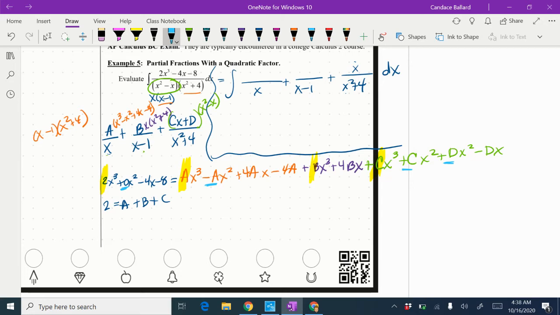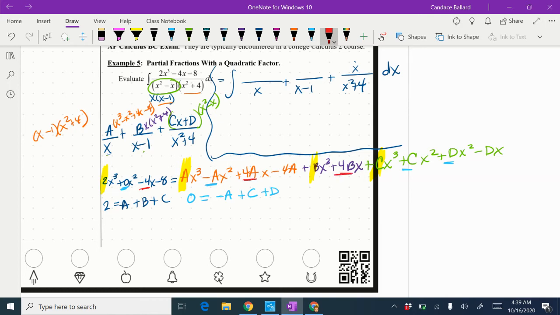Didn't have a B squared. Let's see. Double check my sheet. Nope, did I have a C squared really? Yes, I did. Okay. All right, let's see what happens. So we've got 0 equals negative A plus C plus D. Okay, and then let's do an x equation.